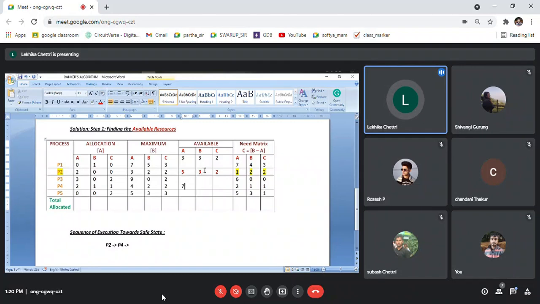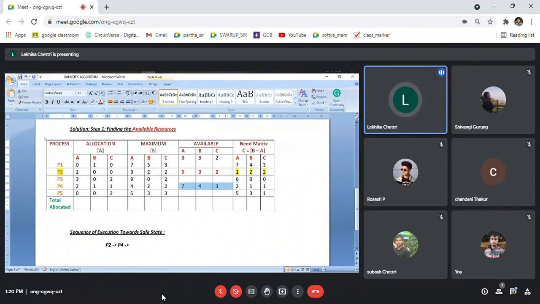Okay, so now 3 copies of B were available earlier. Now P4, after completing its task, releases 1 copy of B. So now I will have 4 copies. It had earlier 2. After P4 terminates, it will release 1. So I'll have 2 plus 1, which is 3.